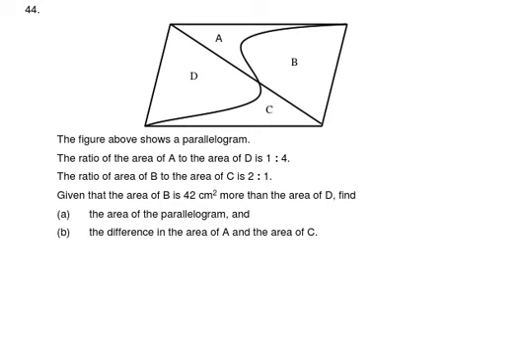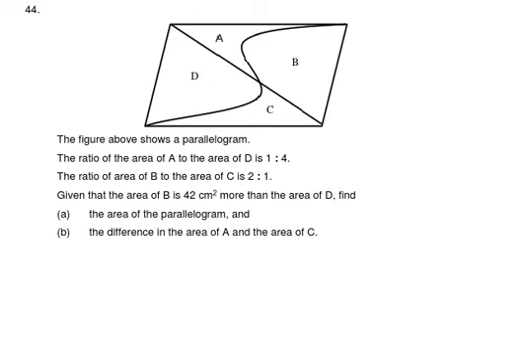That means this area is half the area of parallelogram, right? This is also half the area of parallelogram. So that means, in other words, area of A plus area of B equals to area of C plus area of D, right?